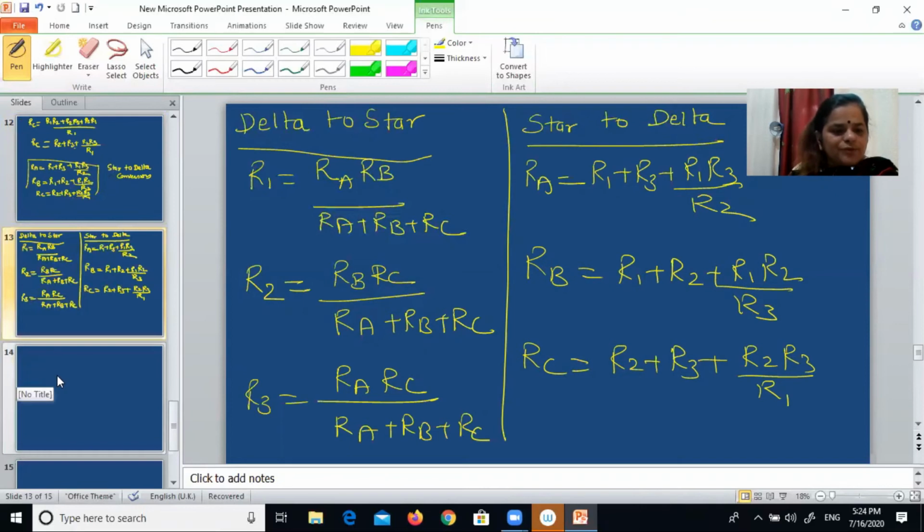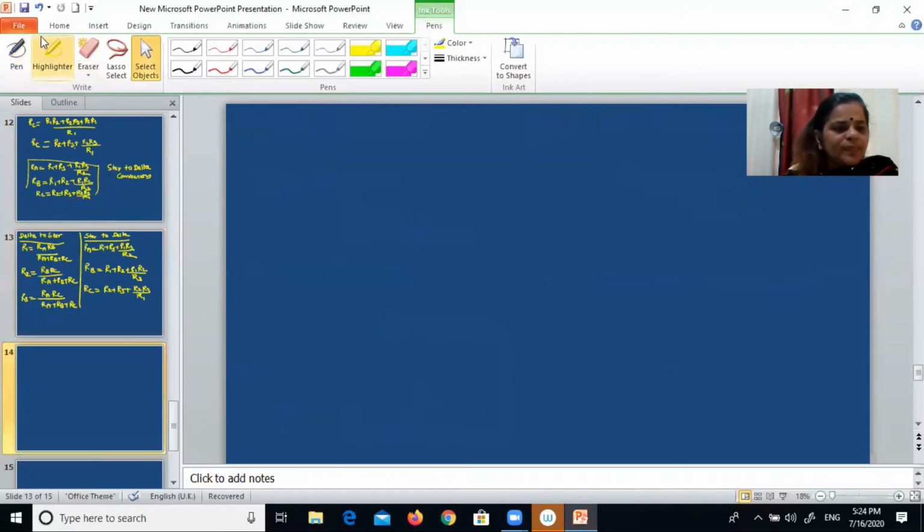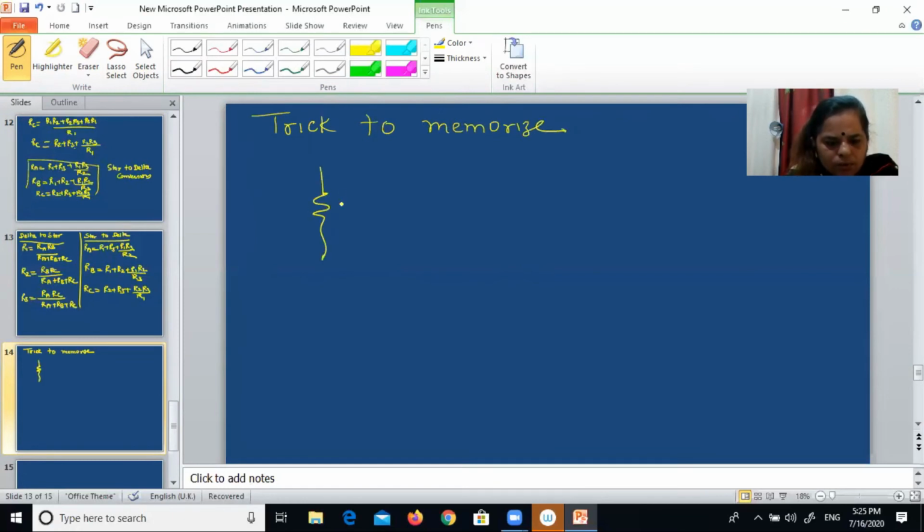Now if you see carefully, I am going to tell you the trick to remember this conversion, the trick to memorize. We know this was R1, this was R2, and this was R3, and outside this make the delta connection.